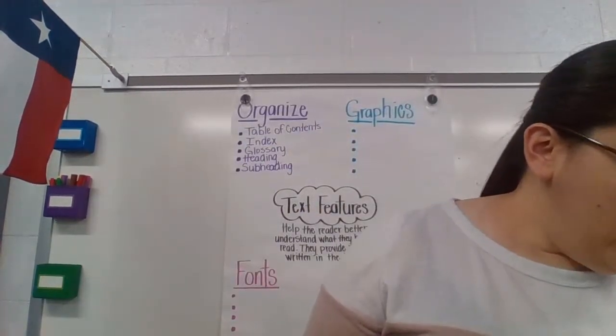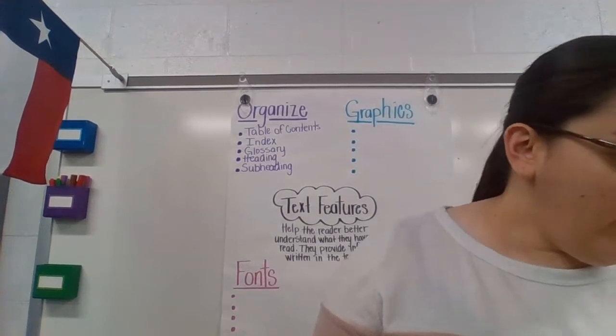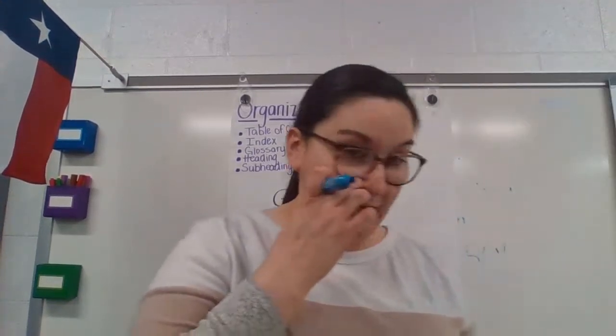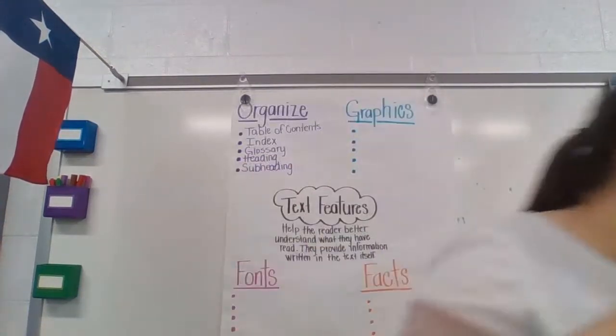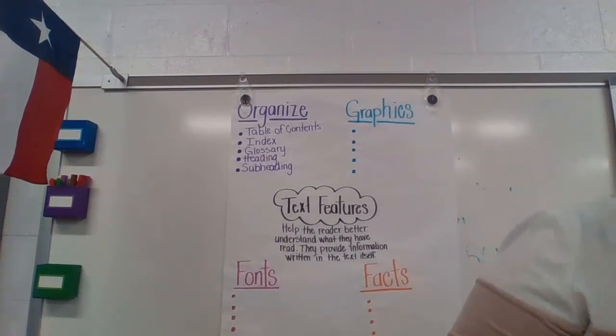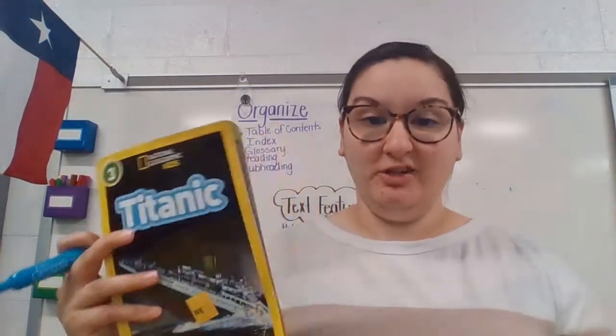So the first thing is, in nonfiction books, they have what are called photographs, and a photograph is an actual picture that someone has taken with a camera of an object, or maybe it's a place. And so it's an actual picture. Someone has taken it with a camera.